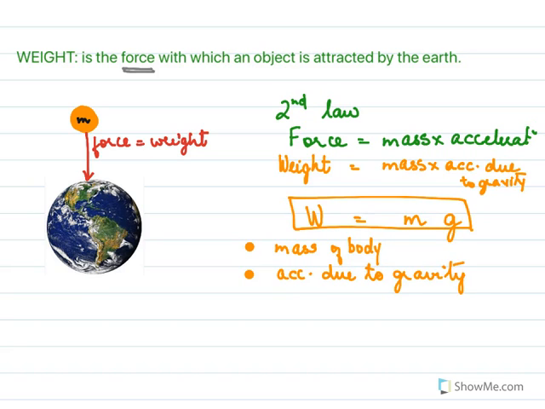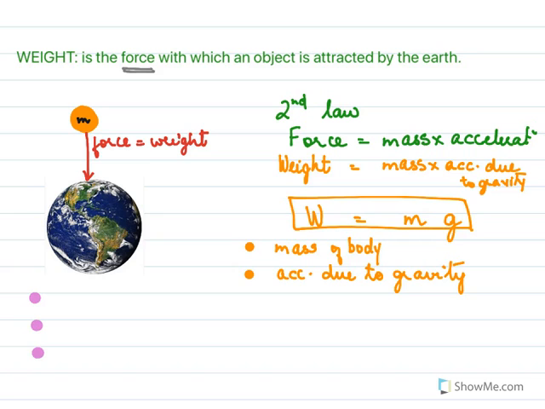If the acceleration due to gravity decreases, the weight decreases. If the acceleration due to gravity increases, the weight increases. However, the mass remains constant. So the weight depends a lot on the acceleration due to gravity at that area, in that region.